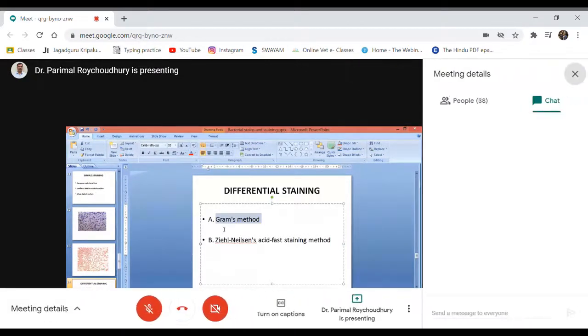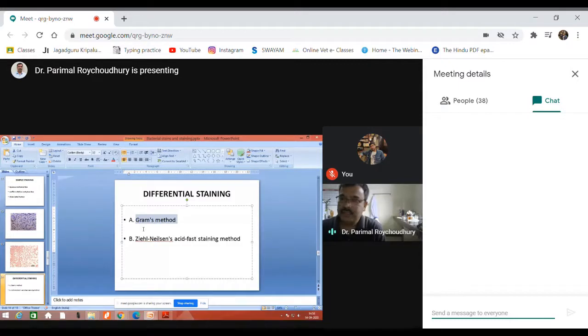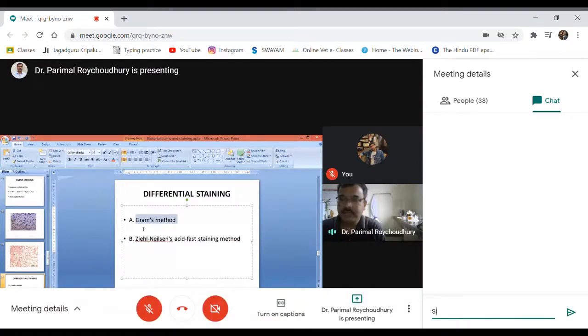The biggest advantage of this kind of staining technique is that we can have a comprehensive idea about the organism: whether it is a coccus, a bacillus, or a spirillum, whether its arrangement is in chains, individual, or in clusters, and at the same time whether it is gram-positive or gram-negative. So much information we can get together with a very simple 4-stage staining method.